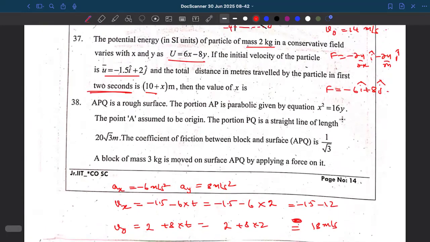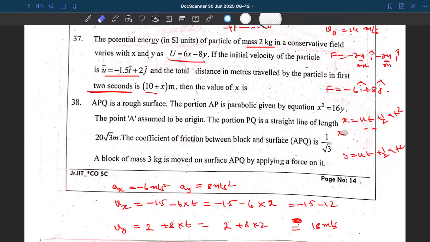But I don't think you require all these things. Simply use the relation x is equal to ut plus half at square, and y is equal to ut plus half at square. x is minus 1.5 into 2 plus half into acceleration, minus 6, into 2 square, minus 3, minus 12.